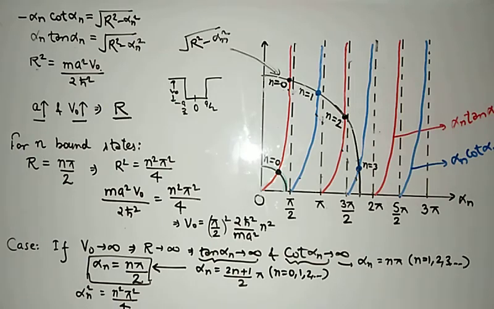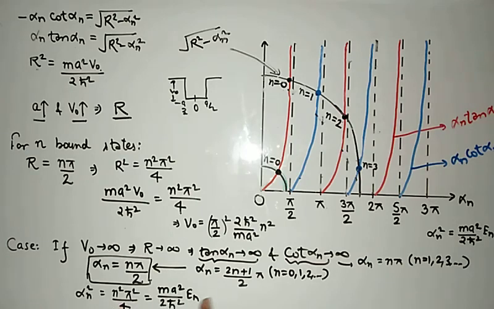We have just assumed that alpha n square is m a square upon 2 h cut square en. So we equate this alpha n square to this value, m a square upon 2 h cut square en.